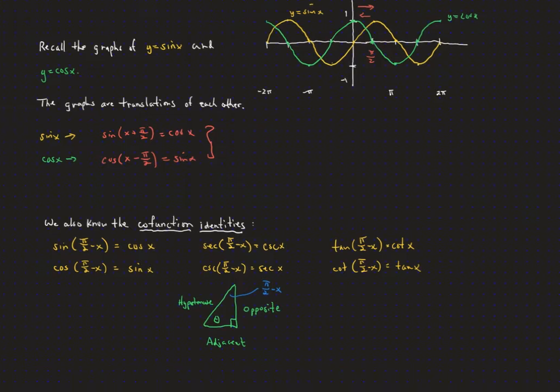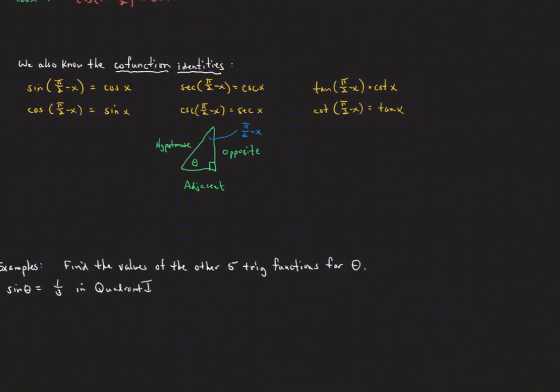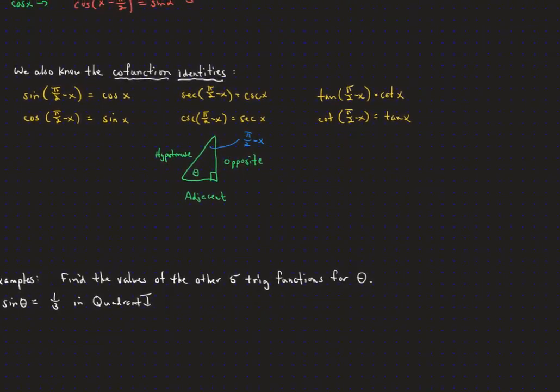Okay, I'm going to move the screen up. Now we have what are known as the cofunction identities. So these are where the names come from: sine, cosine, secant, cosecant, tangent, cotangent. So the cofunctions are related to each other by the cosine of an angle is the sine of its complement.